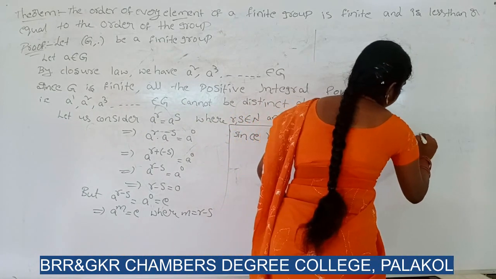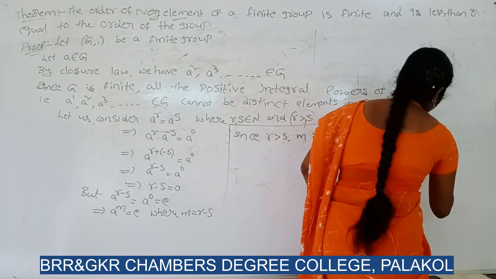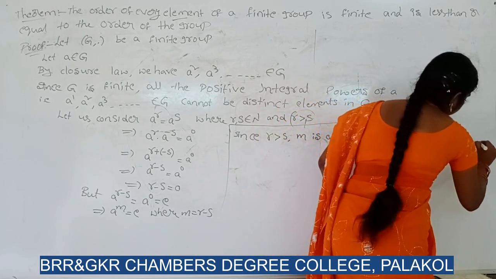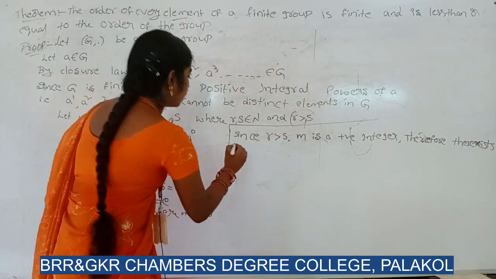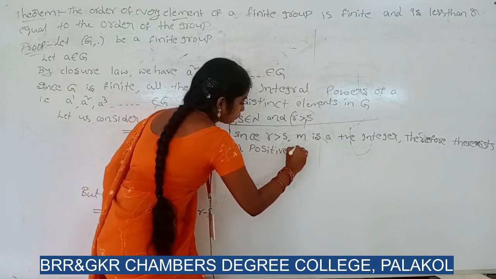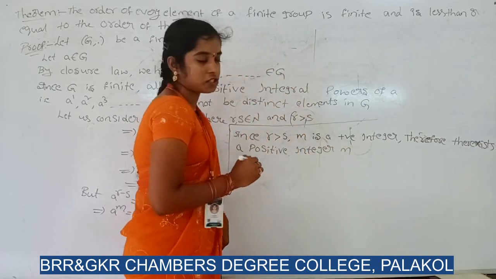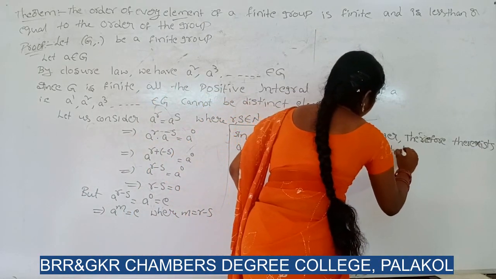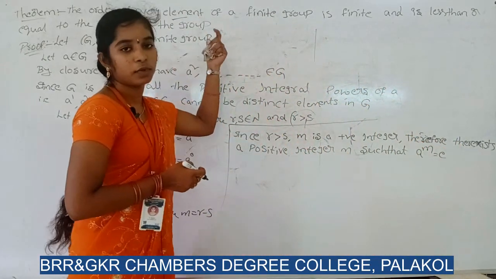Therefore there exists a positive integer m such that a power m equal to e. Already you know the definition of order of an element of a group.